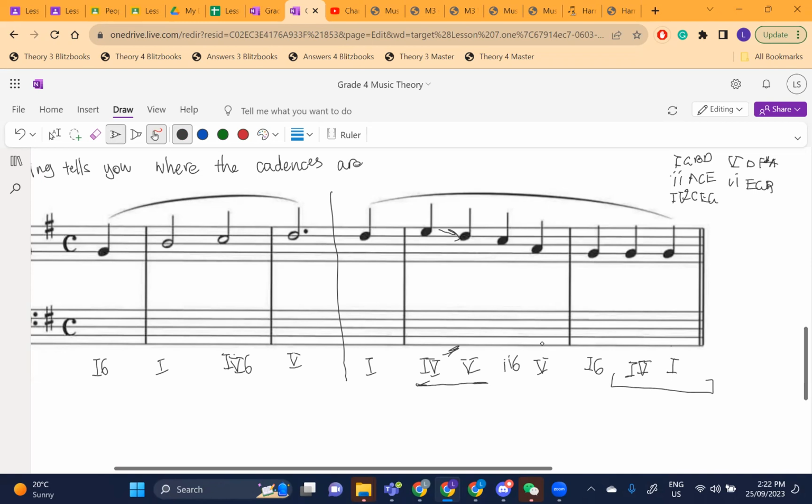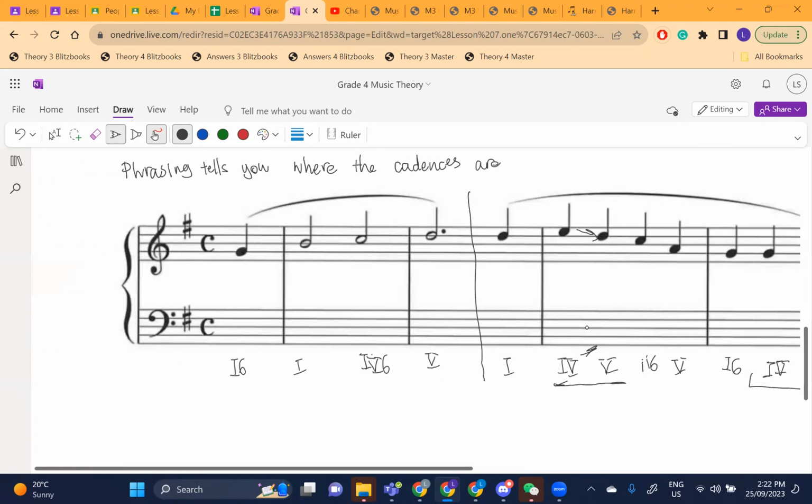Okay, work backwards from the end or from a cadence point, any cadence point. I choose this one. I'm going to start from this one.